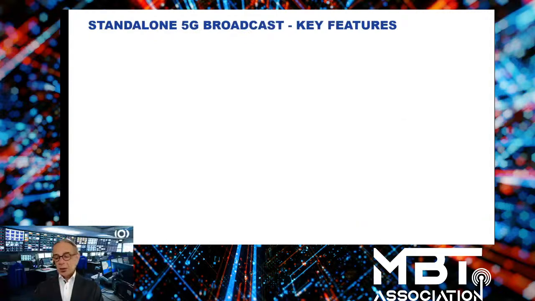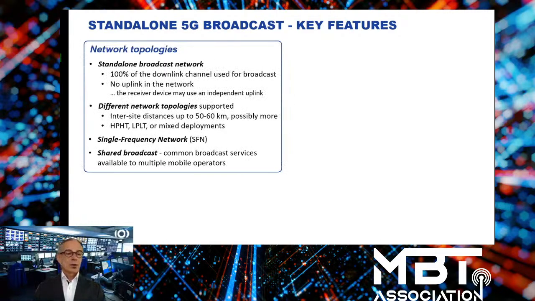So what are the key features that we consider important? In terms of network topology, how can a broadcast network be built or configured if you're talking about 5G broadcast? In a mobile network, downlink capacity can be organized in different ways. Typically it's unicast only, or partly unicast, partly multicast or broadcast.